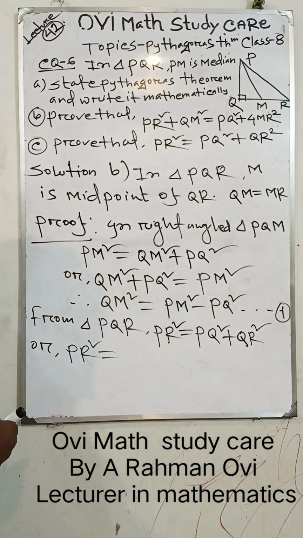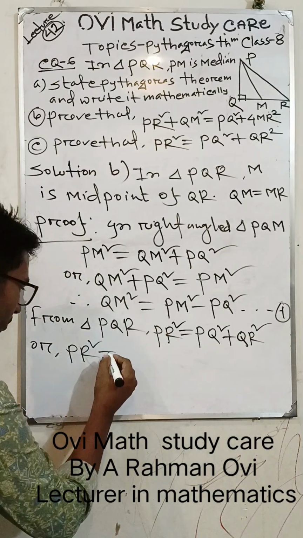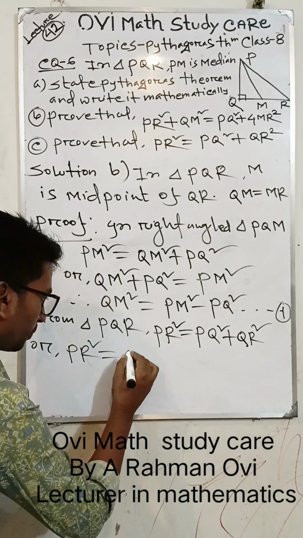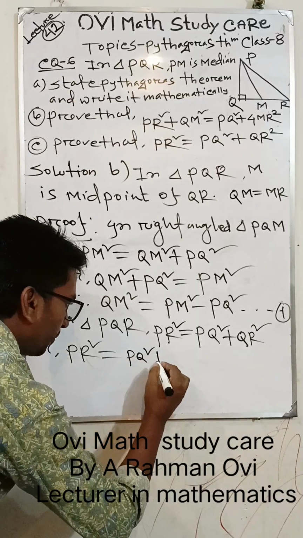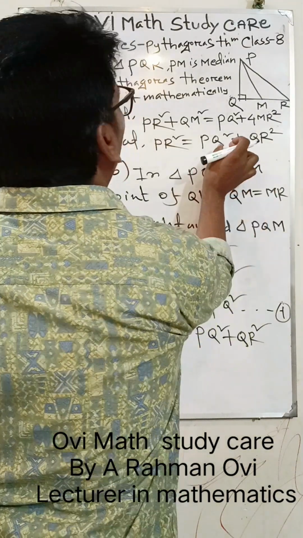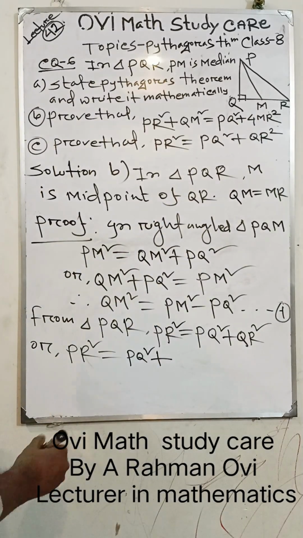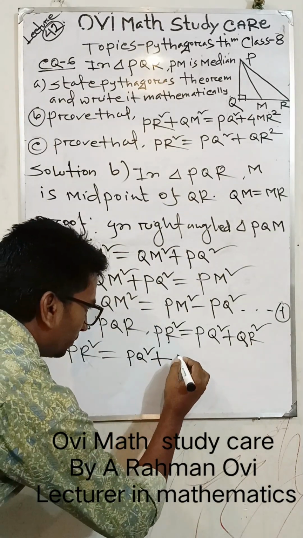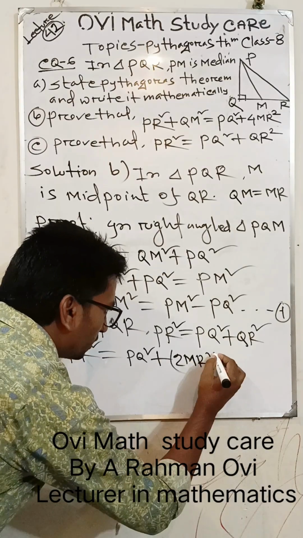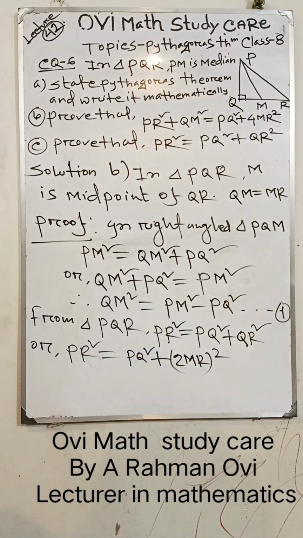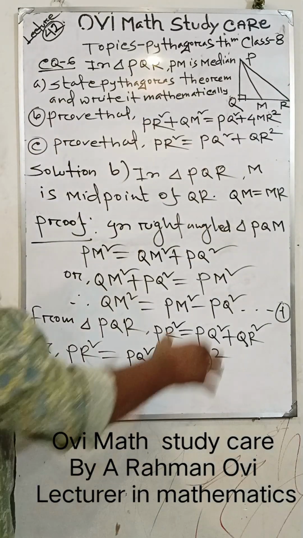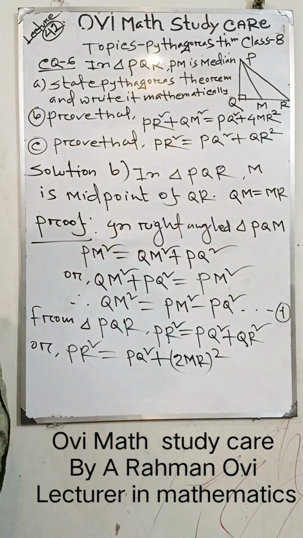PQ square equal to PQ square plus QR. We should prove the 4M square. So we can write QM, that means 2MR. Replacing QR, we can write 2MR square.